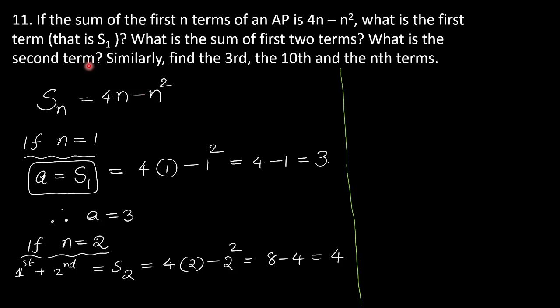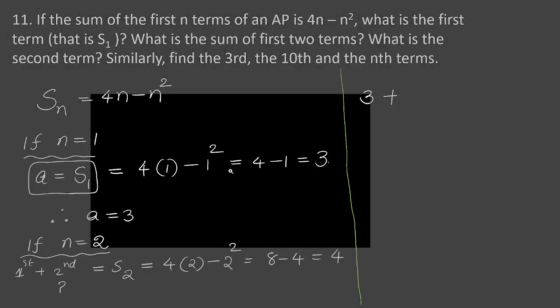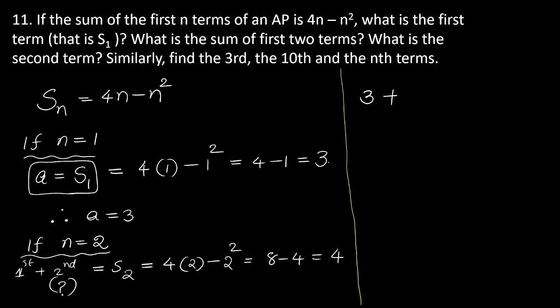What is the second term? Here what is the first term? First term I have already got 3. So 3 is the first term, but the second term I have no idea. First term plus second term is 4.